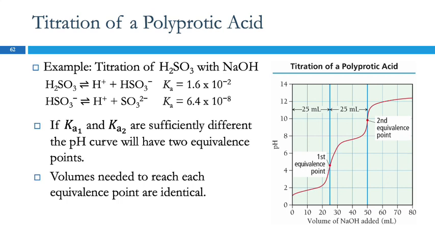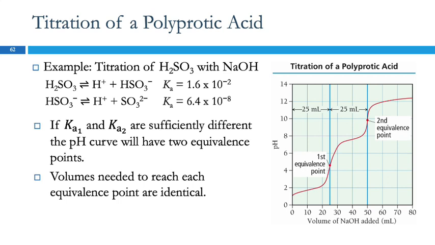Titrations of a polyprotic acid. So here we're looking at sulfurous acid. Here's the first Ka, and here's the second Ka. If those are different enough from each other, you will actually see 2 equivalence points.